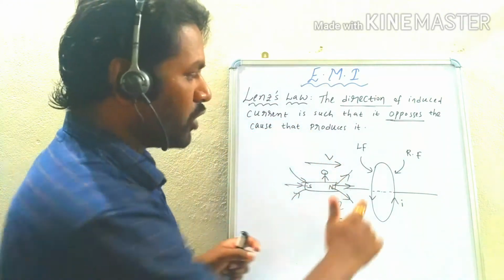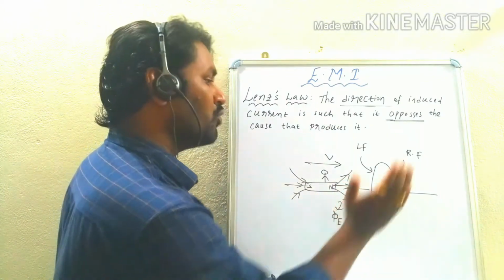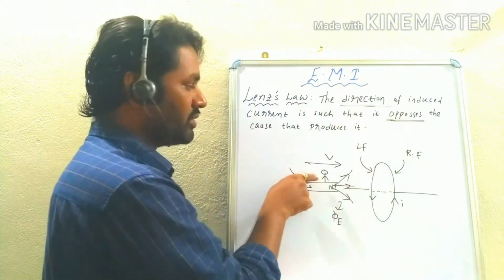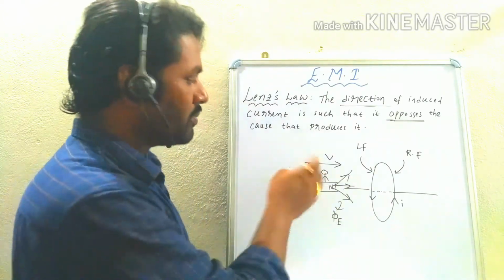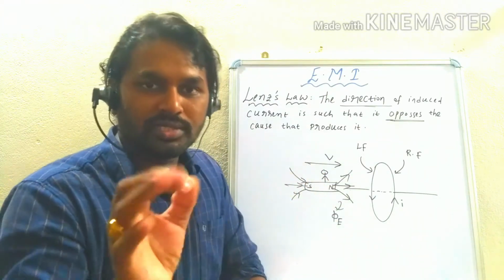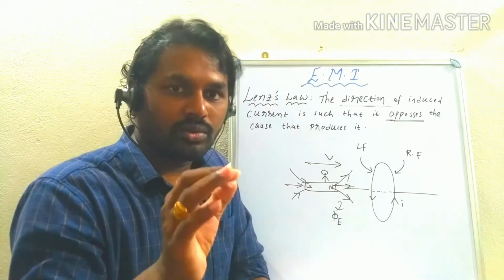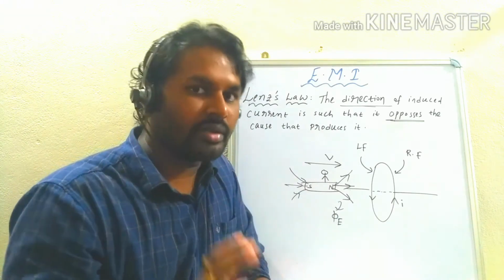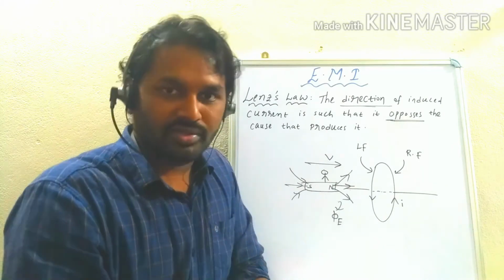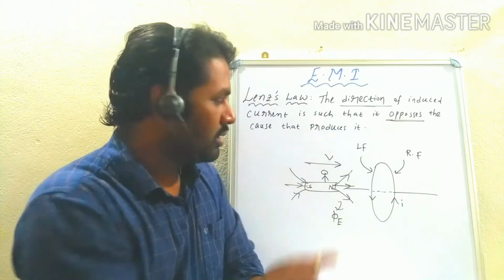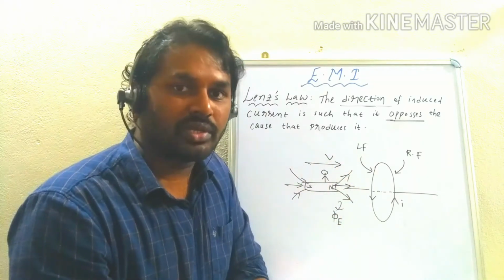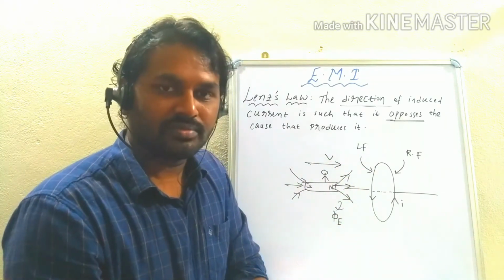The same thing applies here: the current is moving in the anti-clockwise direction with respect to this person. This is the reason I am taking the person on the magnet. It is very important that to judge the direction of induced current in the coil, we need a reference. If you change the position of the reference, the direction of the induced current might appear to change.